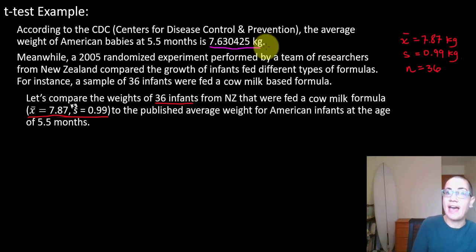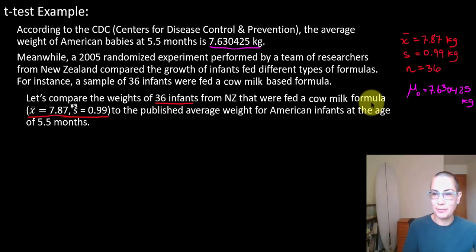So that is the value that we're comparing this sample to. So that's the value of mu that's going to go in this null hypothesis. And this is all in kilograms. Okay.